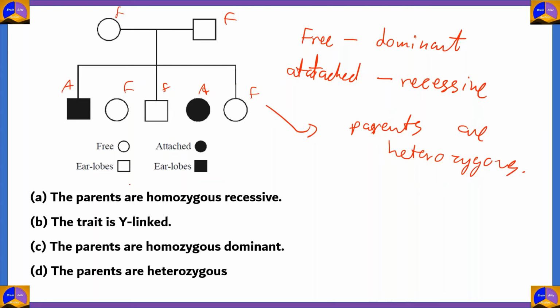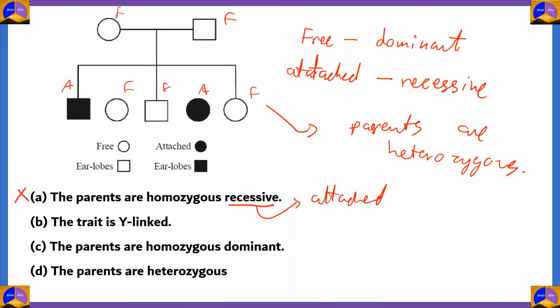Let's look at each of our options. Option A, the parents are homozygous recessive. Now, the recessive trait is attached earlobes, but both parents have free earlobes. So option A is incorrect.